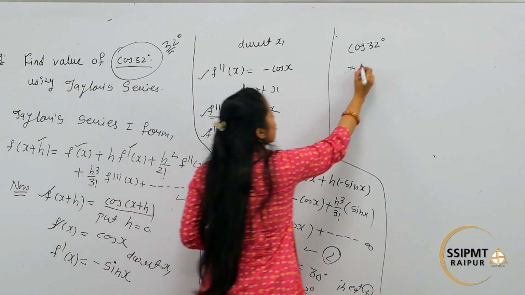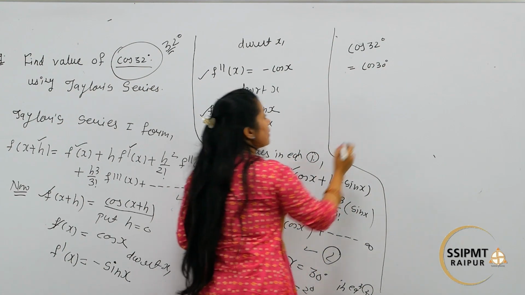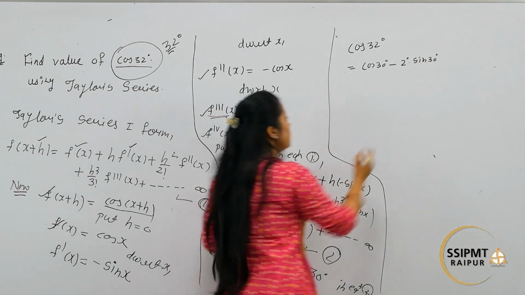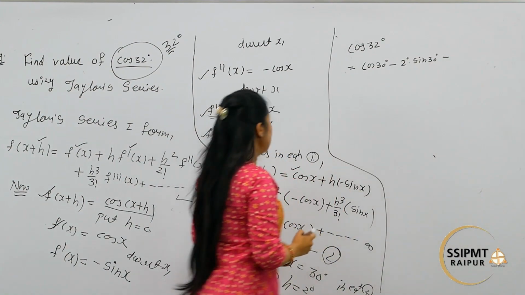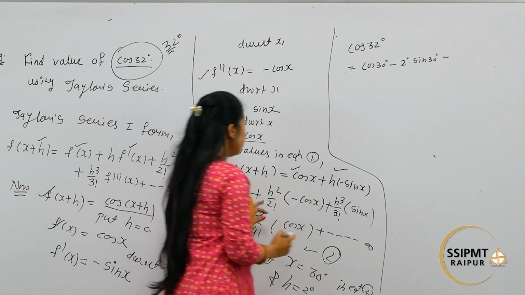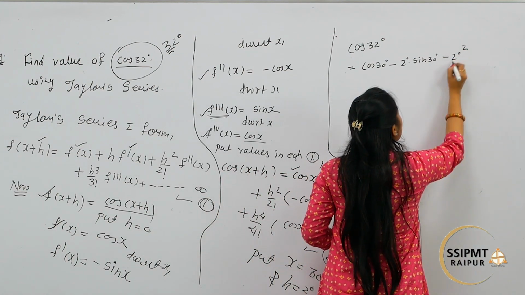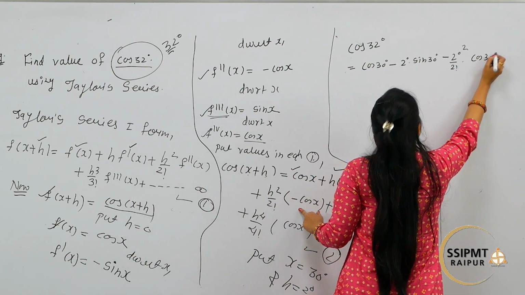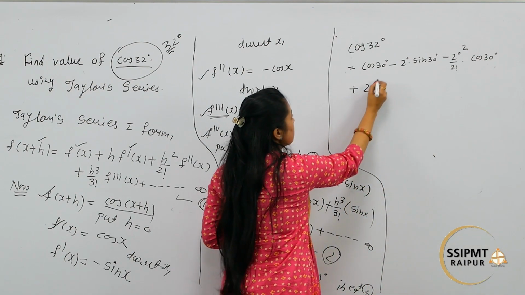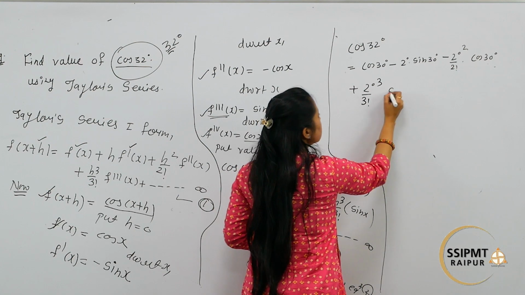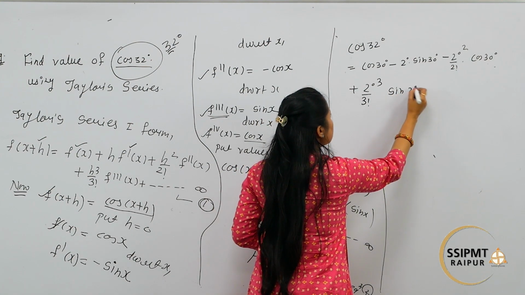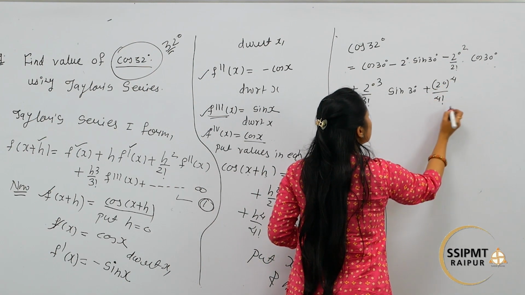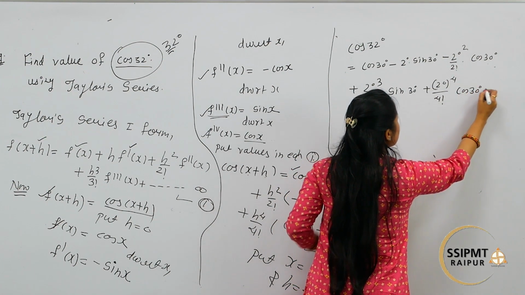So cos x, cos 30 degree, minus 2 degree into sin 30 degree, minus 2 degree square by factorial 2 into cos 30 degree, plus 2 degree cube by factorial 3 sin 30 degree, plus 2 degree to the power 4 by factorial 4 cos 30 degree, and so on up to infinity.